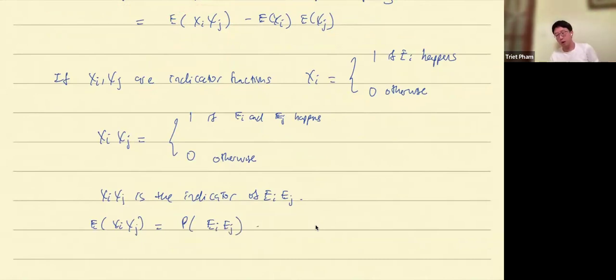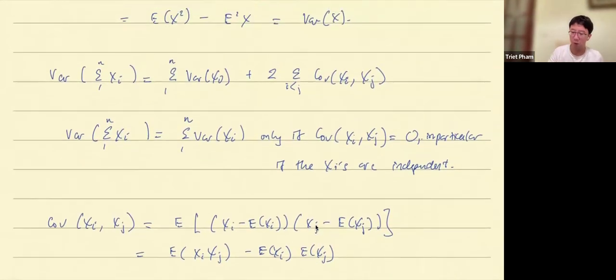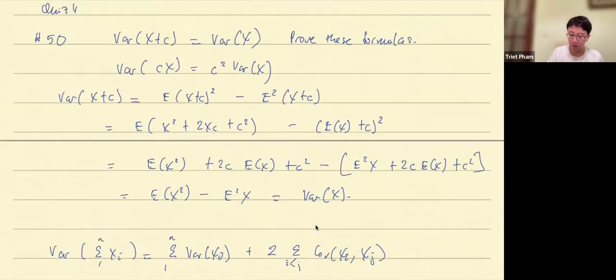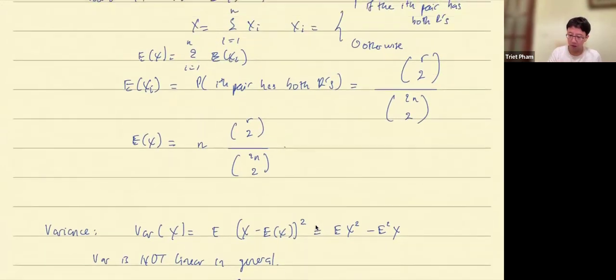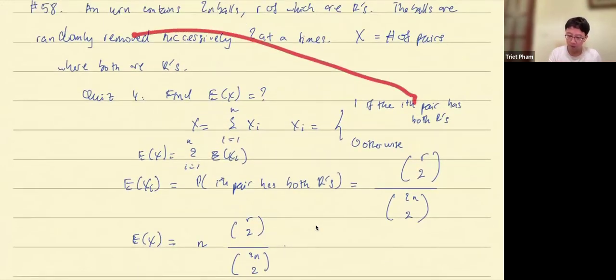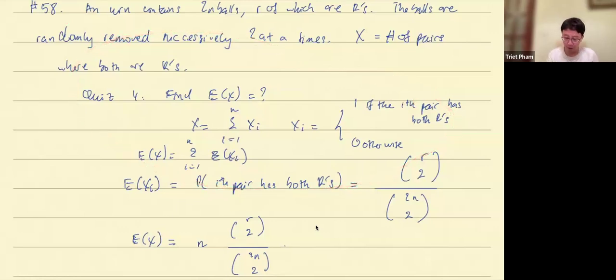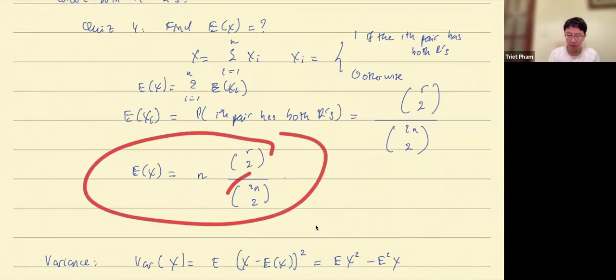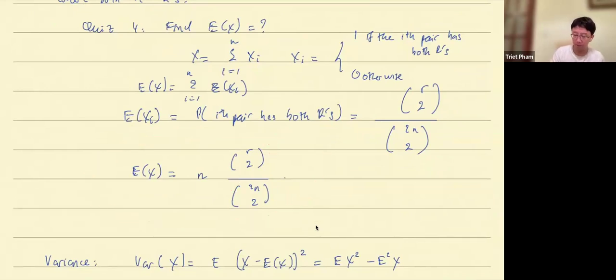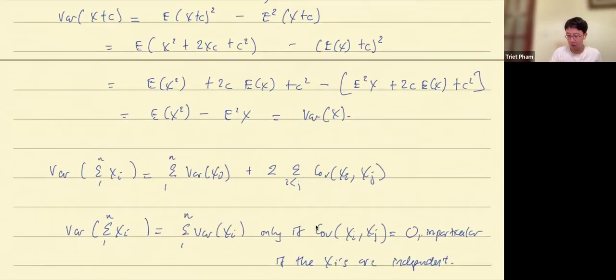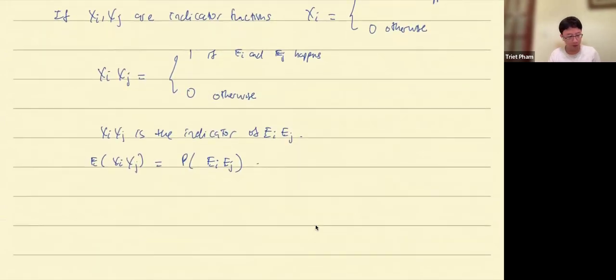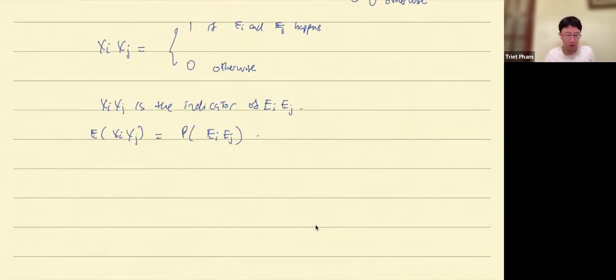And that's how you would work out the covariance or the variance question in a lot of the problems in chapter 2, including, for example, this question. Number 58 actually has two parts. The first part is about expectation. The second part is about variance. Anyway, we're going to go over those problems, but I'm going to pause here to see if there's any question.